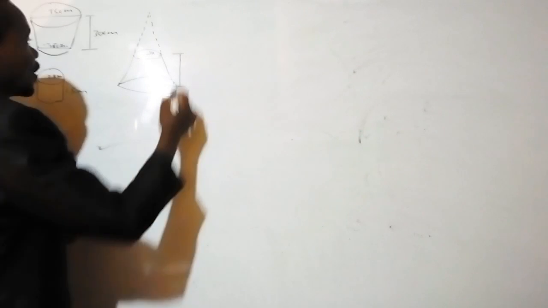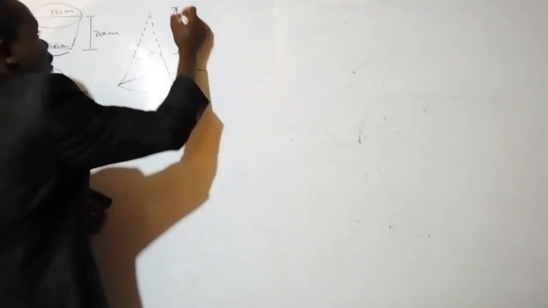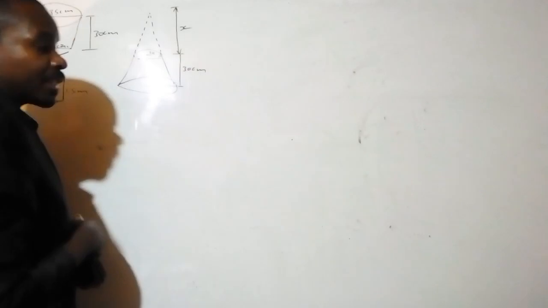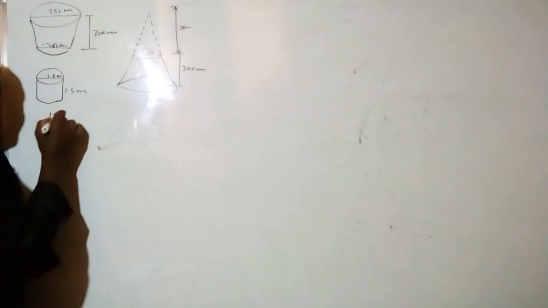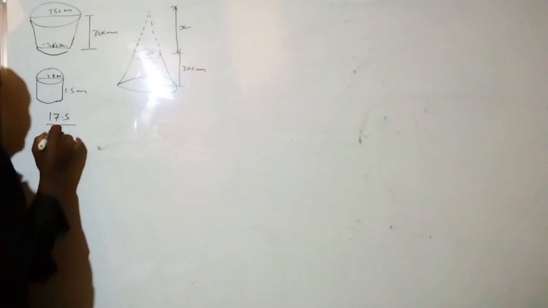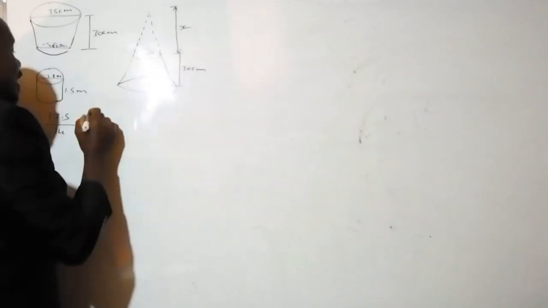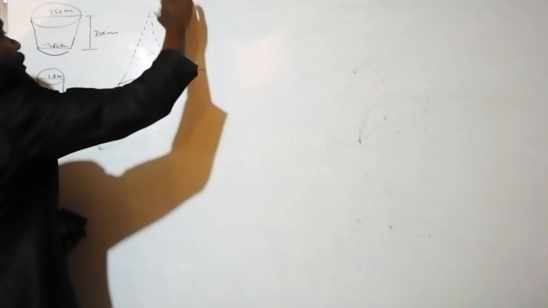We can complete to have x there, where we are going to use a linear scale factor. Radius of the larger over that of the smaller is equal to total height of the cone, 30 plus x, all over the small cone that has been removed at the top, x.